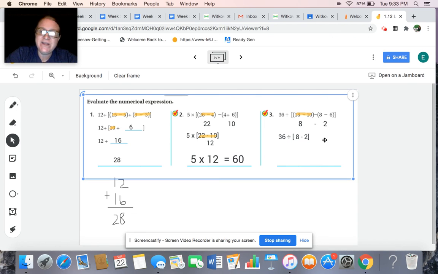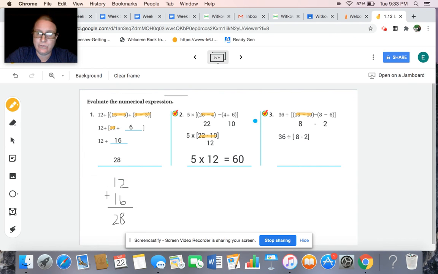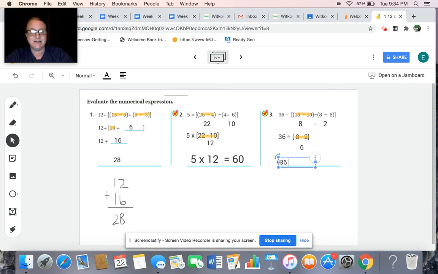Okay, now we can do what's inside the bracket, and what's inside the bracket is 8 minus 2, and 8 minus 2 is 6. So now our new problem is going to be 36 divided by 6, and that equals, what times 6 equals 36? Well, 6 times 6 equals 36. So 36 divided by 6 equals 6.